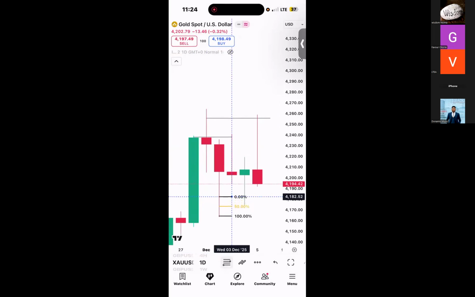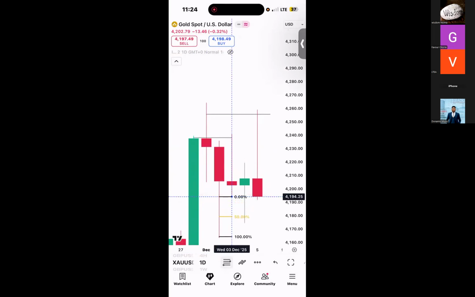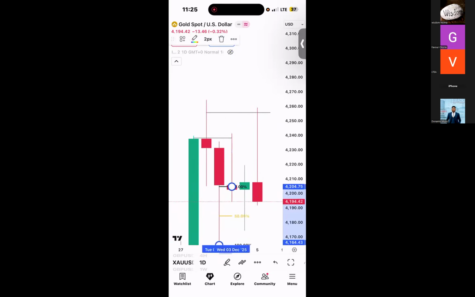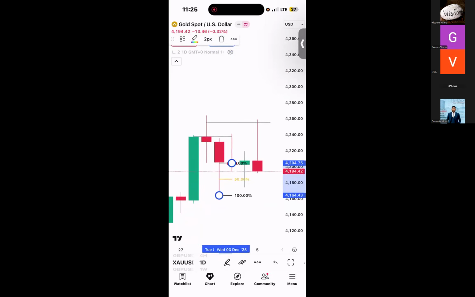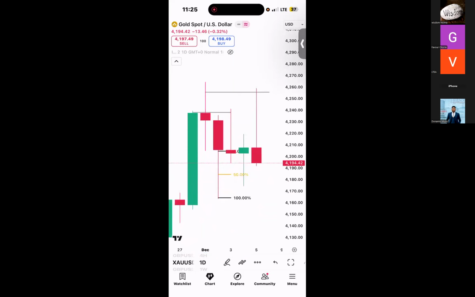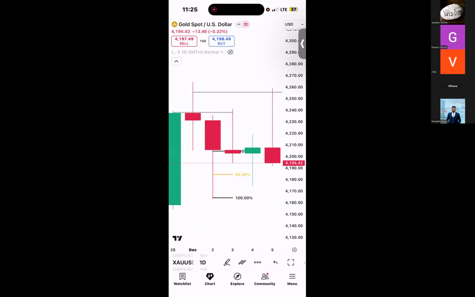If you measure the 50% of the week, the candlestick wick, the shadow, yes. That is it. You didn't mark it very well, but it's okay.